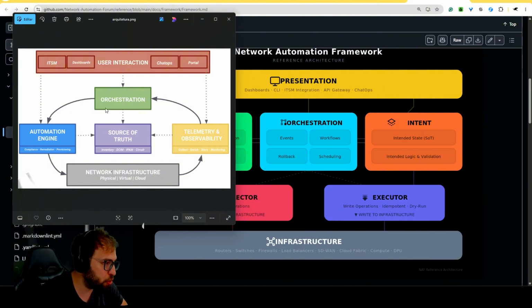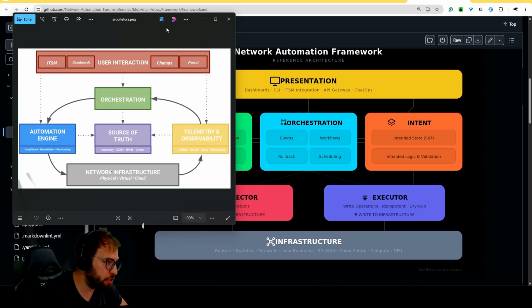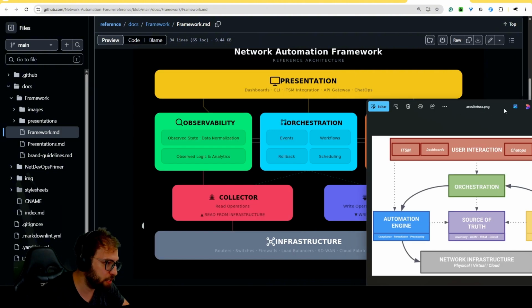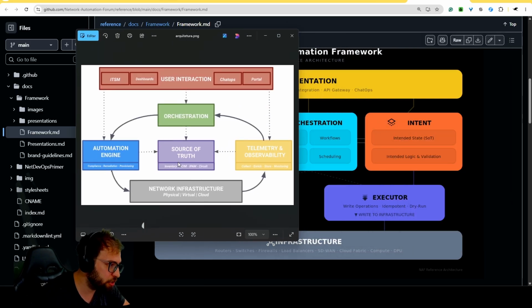You see that the orchestration layer is kept, even though we have created some building blocks that give us what might be going under this bigger directive, right? We have the automation engine that is basically our execution layer. We have the telemetry and observability that we can see here, and it was also broken down into observability and collector. And we have the intent that was initially our source of truth.